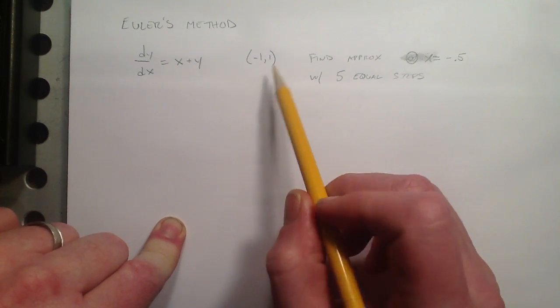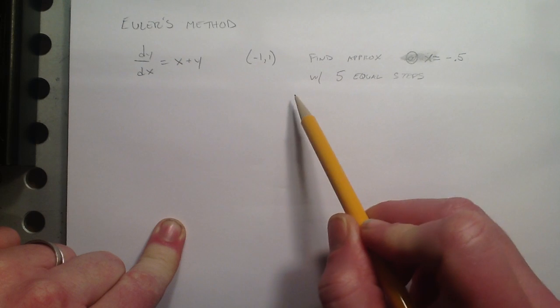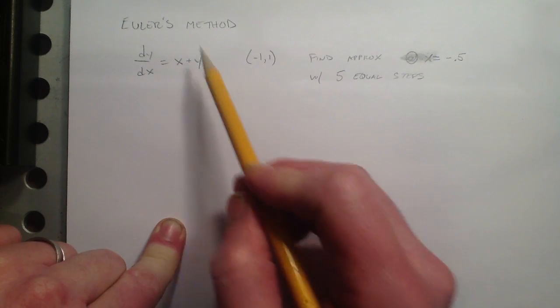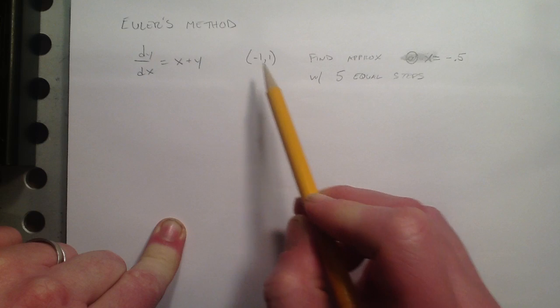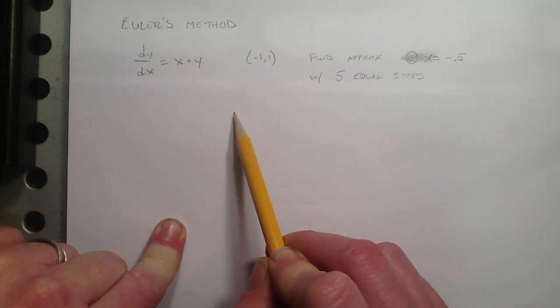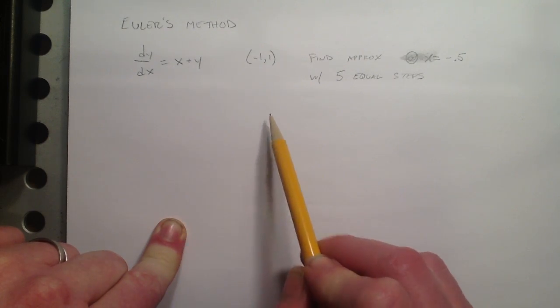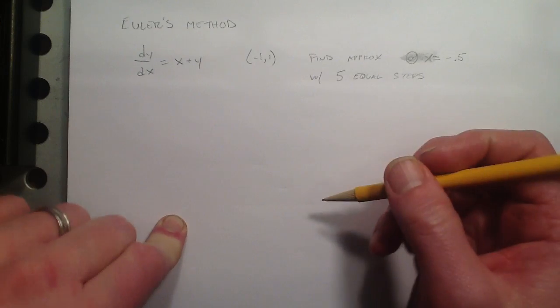Basically what we're doing is 5 little tangent line approximations. Since the slopes are constantly changing, we'll step just a little bit and then reevaluate, find the new slope, step along that tangent line, reevaluate what the slope is, and so on and so on.